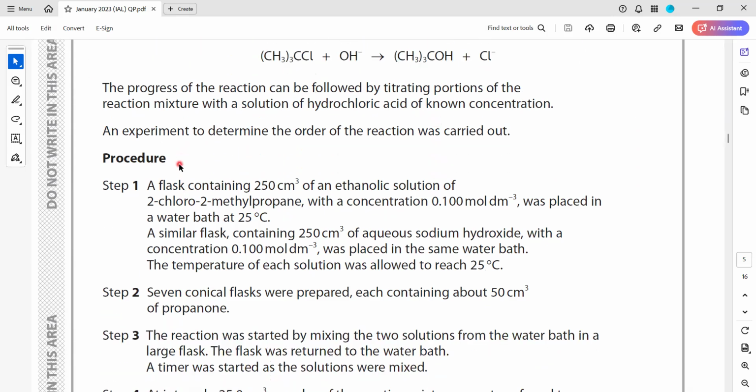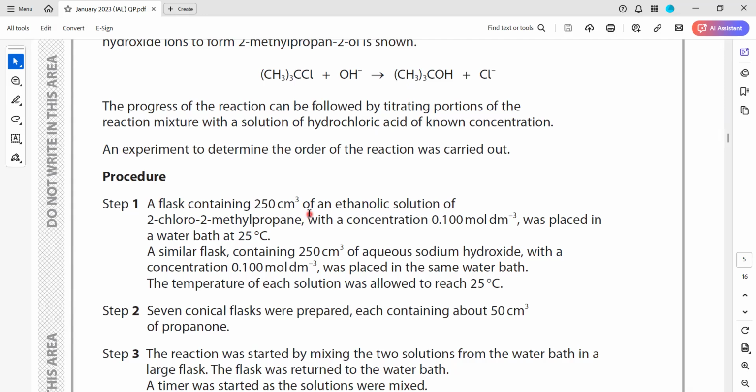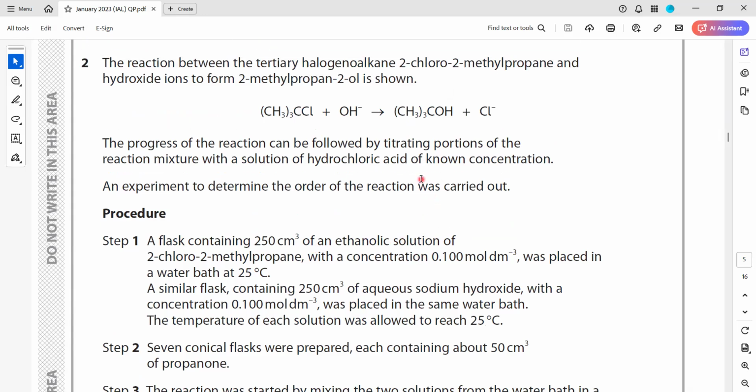In the procedure, first we take a flask with 250 cm cube of ethanolic solution. Ethanolic solution means a solution which contains ethanol and 2-chloro-2-methylpropane, with a concentration of 0.1 mole per dm cube, placed in a water bath for 25.